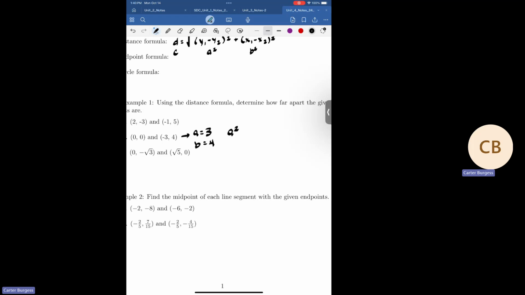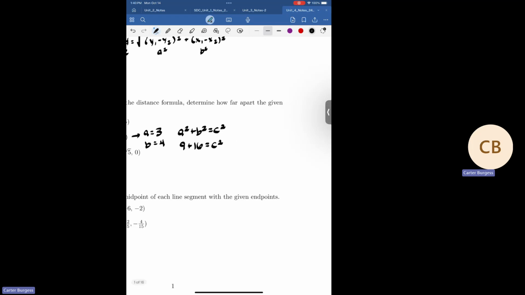We know that a squared plus b squared is equal to c squared, or that 9 plus 16 is equal to c squared, which gives us that c will be the square root of 25.